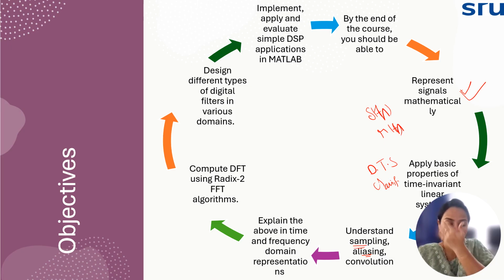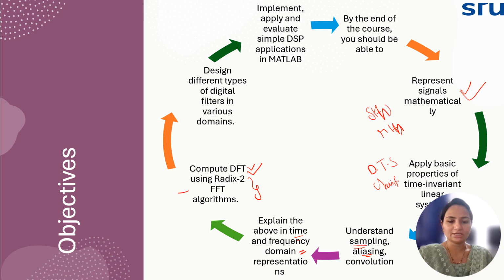Then we will learn about the convolution process, and the conversion of the time domain into the frequency domain representation, and how to convert from one domain into another. Later on, you will learn about the DFT, how to compute the discrete Fourier transform, and the FFT algorithm, radix-2 FFT algorithm.